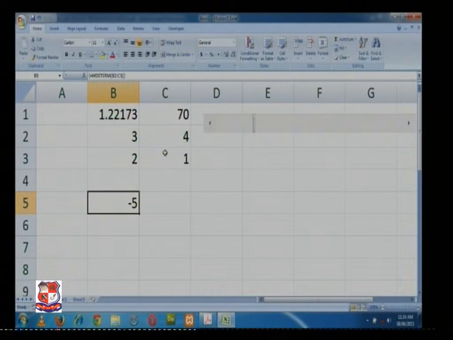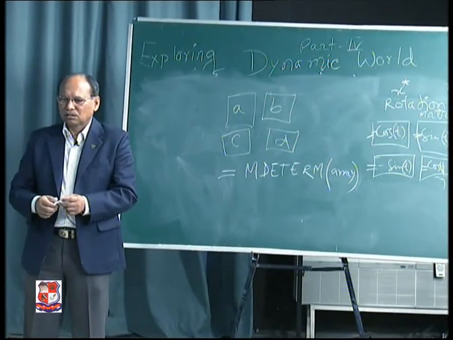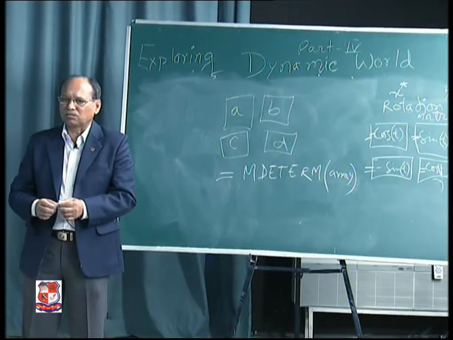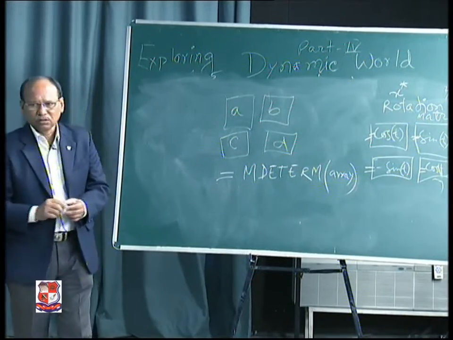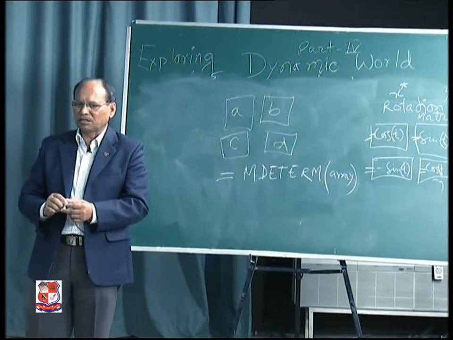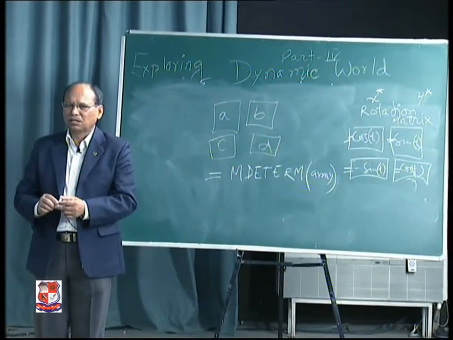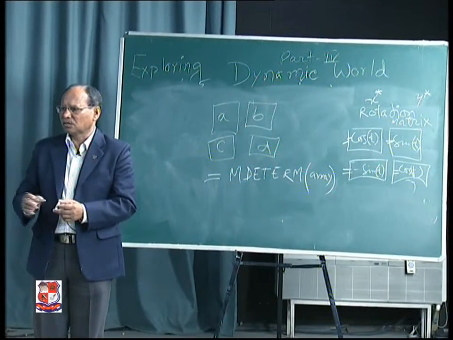Minus 5. So, here I will get minus 5. But when you apply it to your rotational matrix, you will see what values you get. What is the determinant of your rotational matrix? 1. We'll get 1.